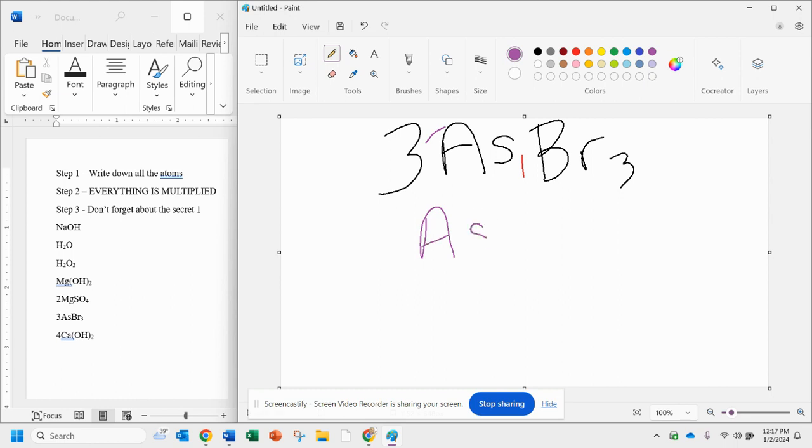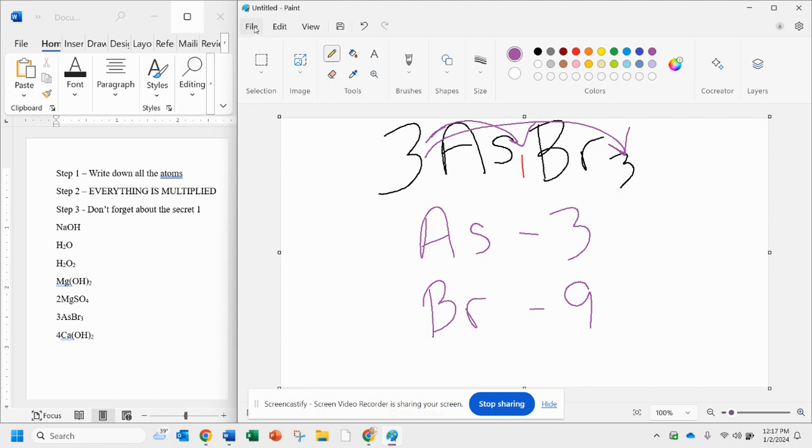Step one is an As. Step two is a Br. Here we go. Step one, write down the atoms. Step two, multiply. As. So 3 times 1 is 3. 3 times 3 is 9. So arsenic bromide has 3 arsenics and 9 bromine atoms.